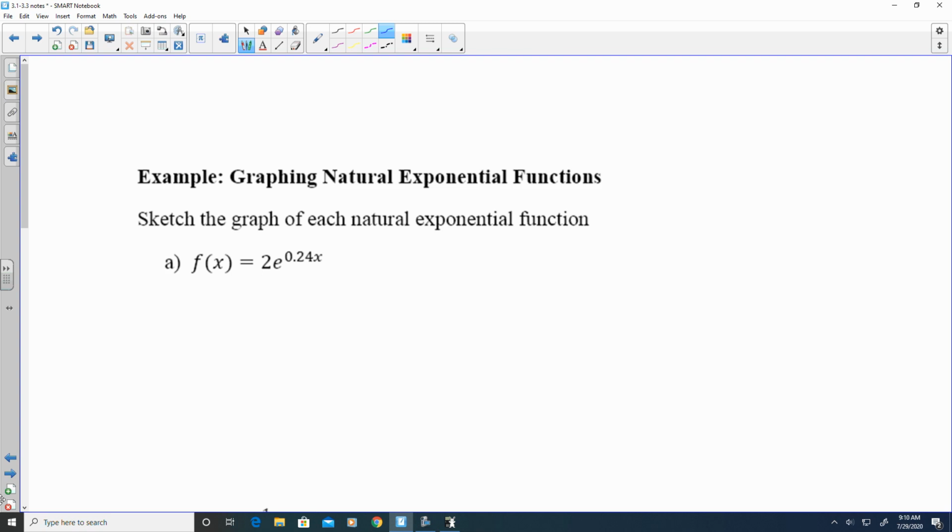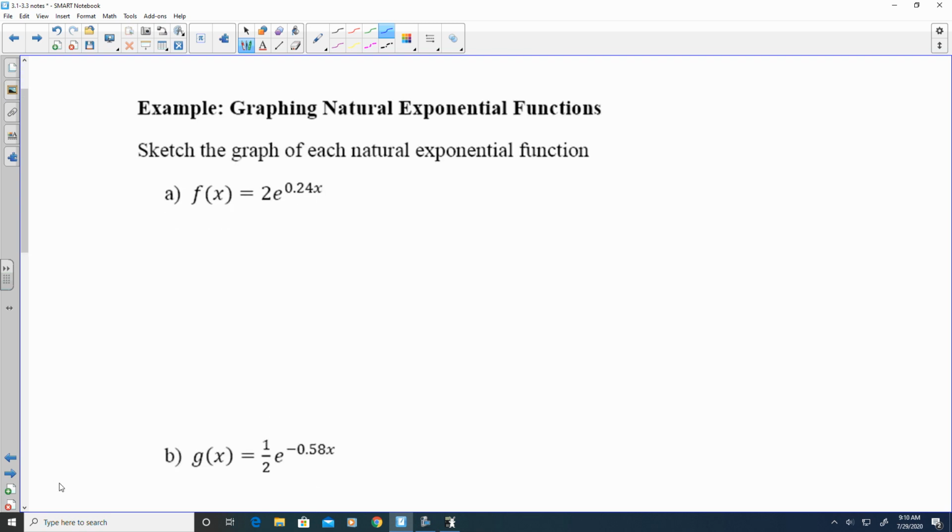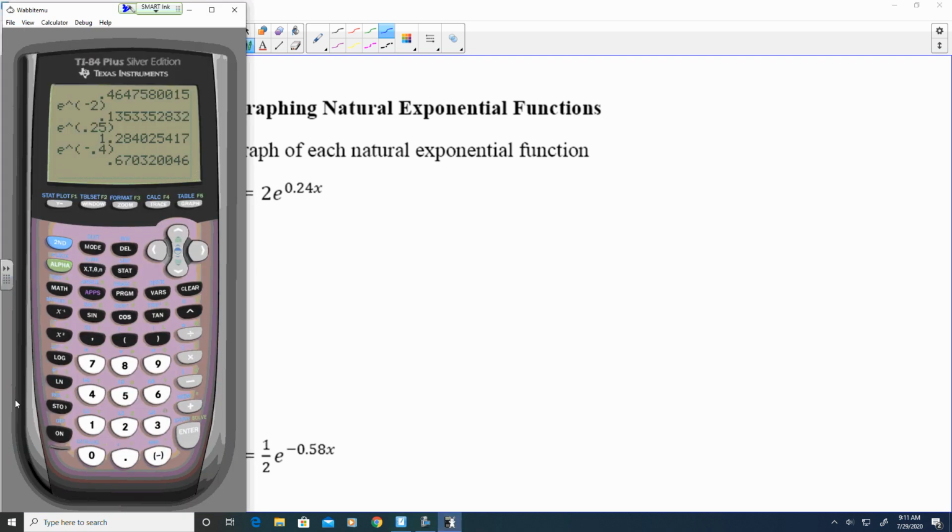Okay, so sketch the graph. So we are just going to make a table of values since I don't have a graph here visible, but we are just going to use our calculator to generate that table of values. If I go to y equals and type in that exact function that I see, 2e to the 2/400ths x, and then I go into my table, so the values that I always use are from -2 to 2.